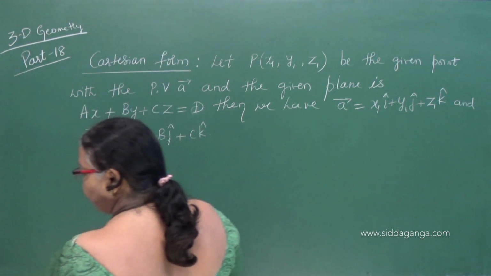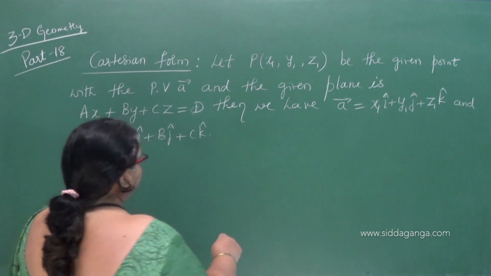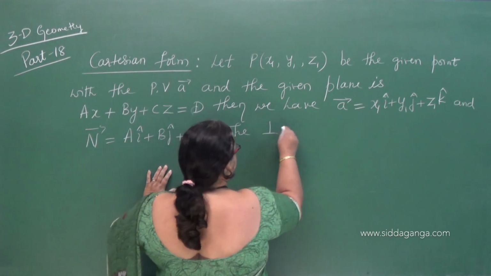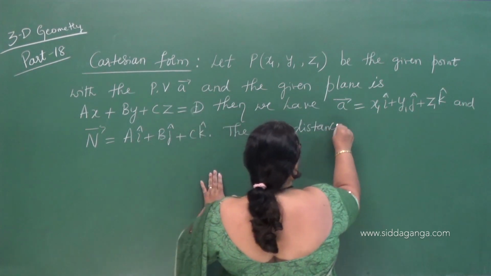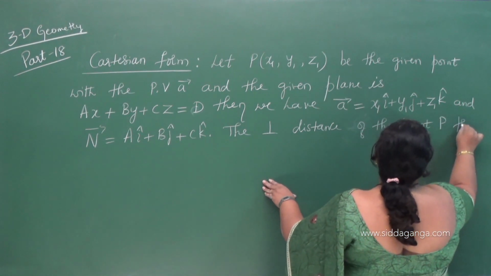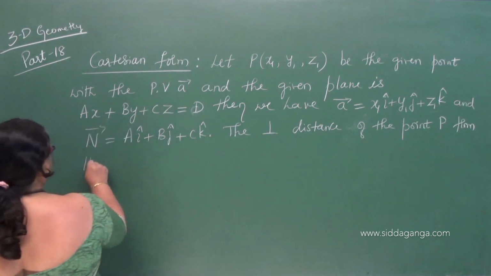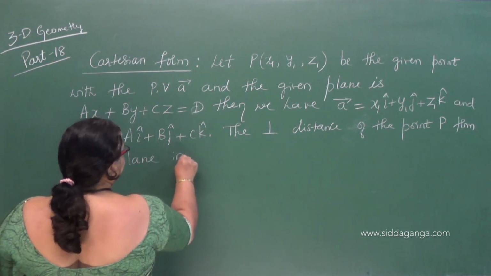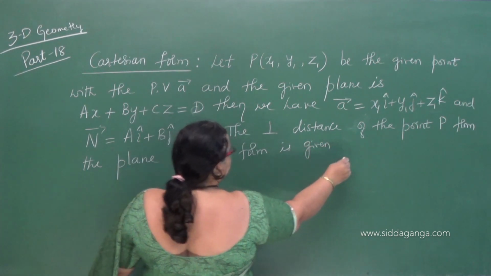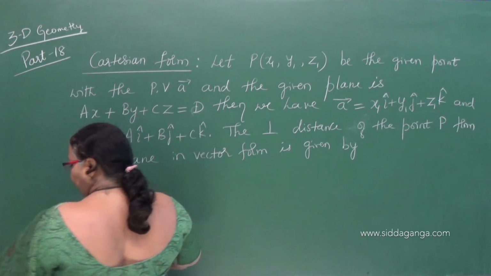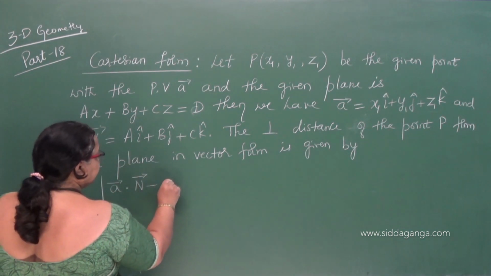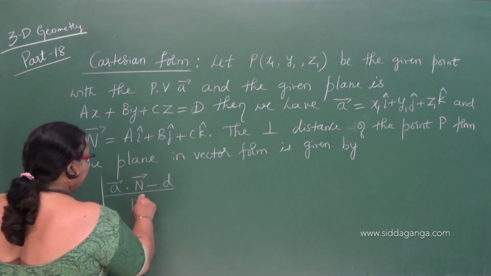Now, to reduce this, we take the vector form and substitute into it. The perpendicular distance of the point P from the plane in vector form is given by the modulus of vector A dot vector n minus d, divided by the magnitude of vector n.